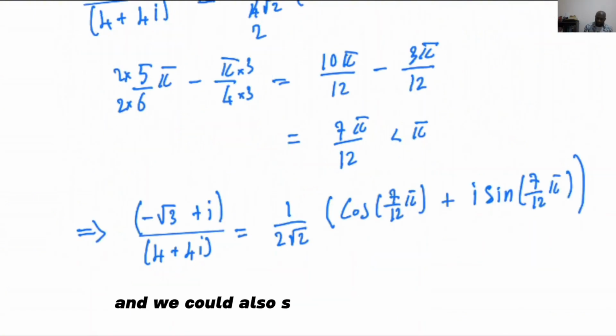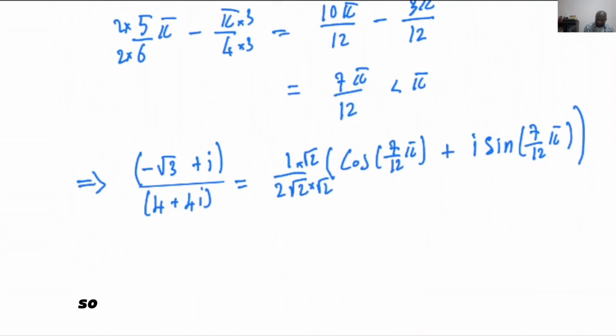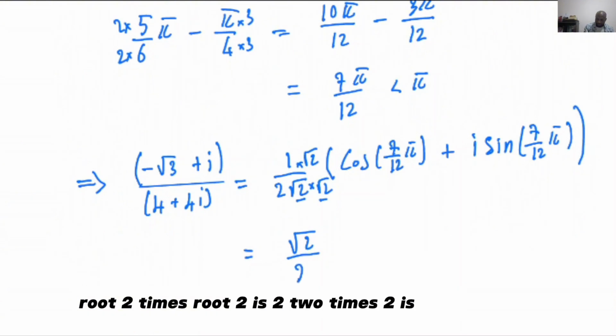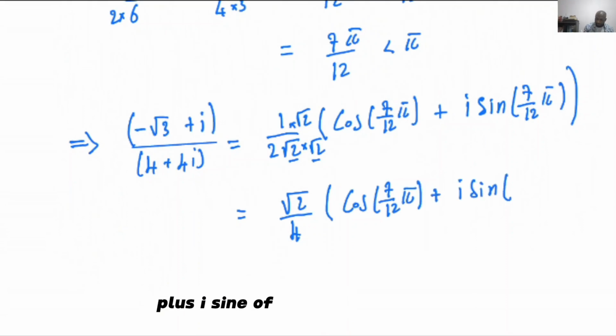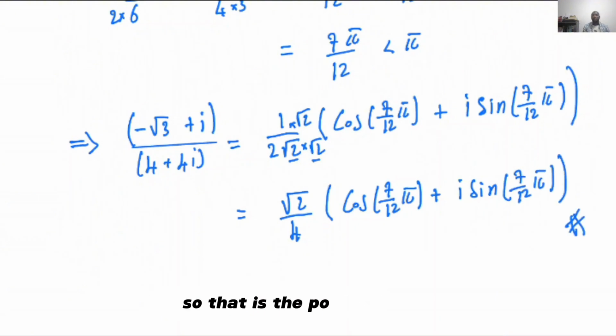And we could also simplify this by multiplying by square root of 2 on top and bottom. So this is going to be square root of 2 over root 2 times root 2, which is 2, 2 times 2 is 4. Root 2 over 4 into cos of 7 over 12 pi plus i sine of 7 over 12 pi. So that is the polar form of the quotient of the two complex numbers.